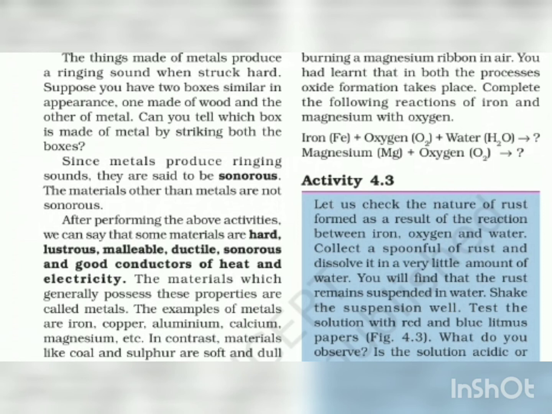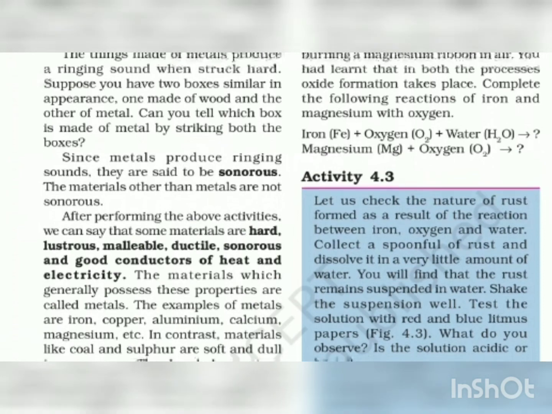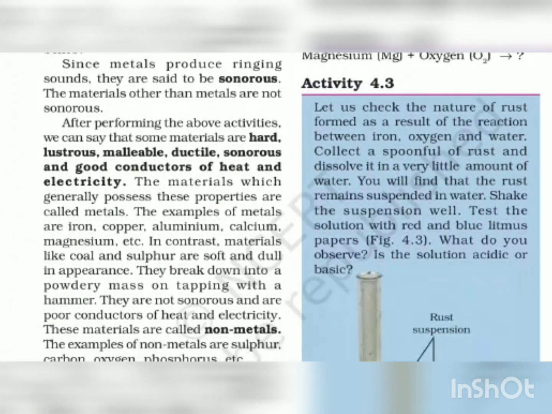After performing the above activities, we can say that some materials are hard. You have seen how metals are very hard. They are lustrous, very shiny, and malleable, meaning they can be beaten into different shapes. They are ductile, they can be drawn into wires.